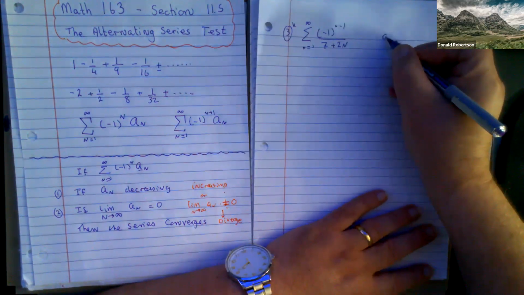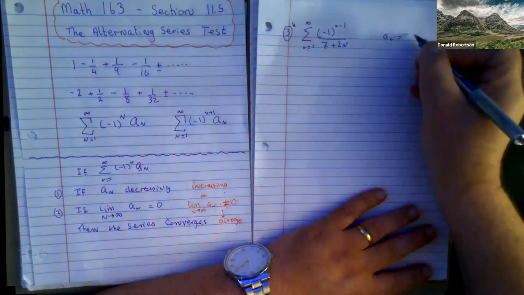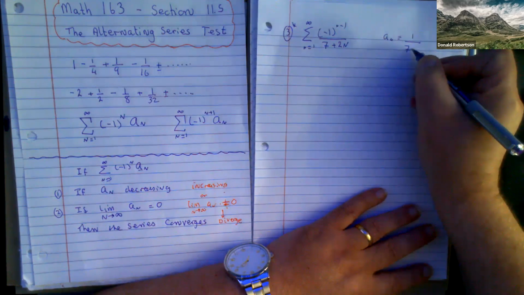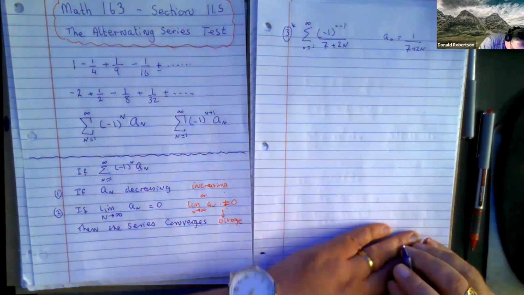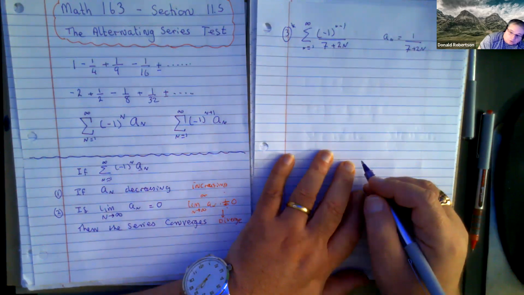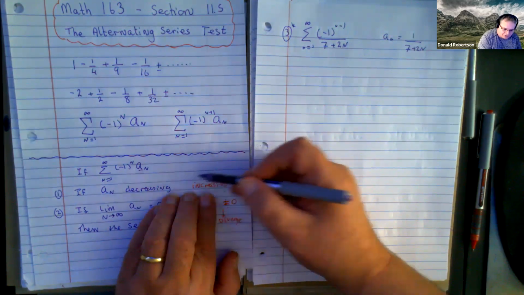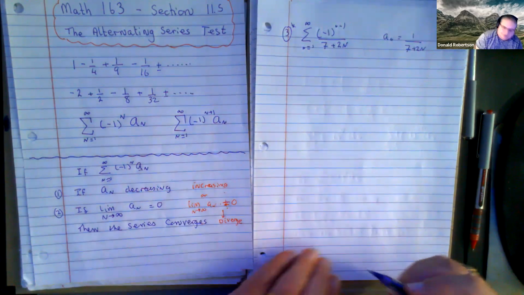Now the piece that we are calling a_n is the bit that doesn't include this. So it's always going to be positive because of that, right? It's this piece here. Now I need to prove that that is decreasing or increasing, and depending on what happens here, I can then move on to the second part of the test.